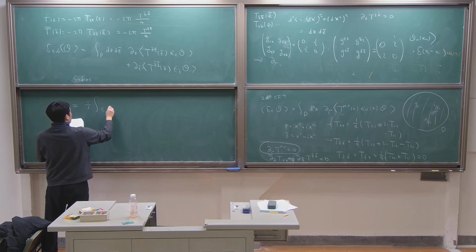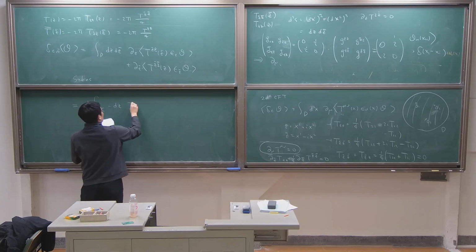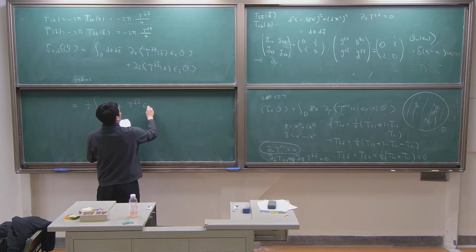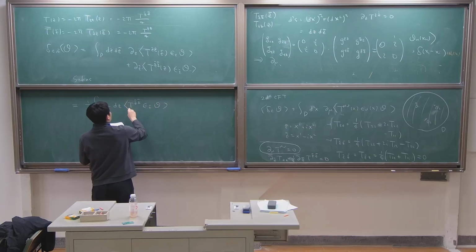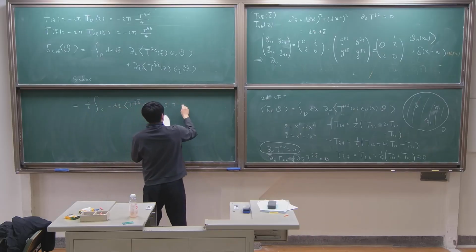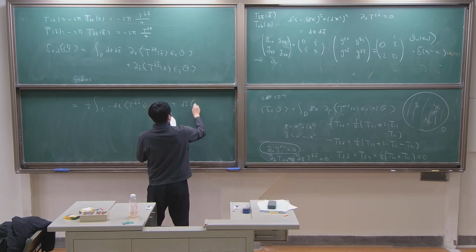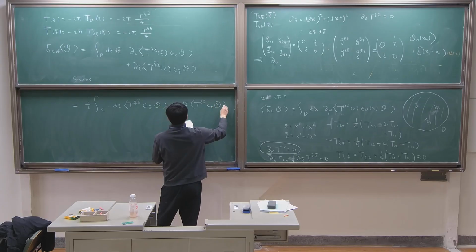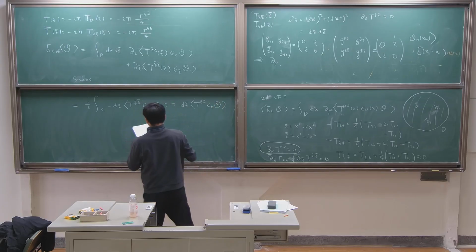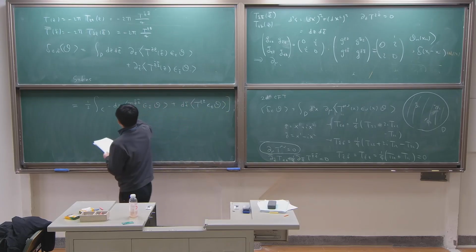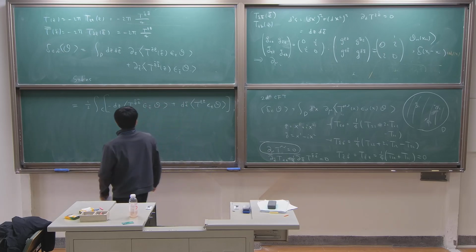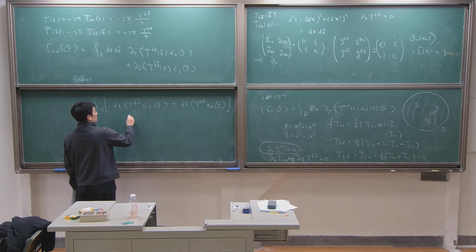According to this one, this is integral of dz, T_zz bar, dz bar, operator O, and then plus dz bar, T_zz, operator O, like this. And then we just define this one as the holomorphic one, T(z), up to some constant.